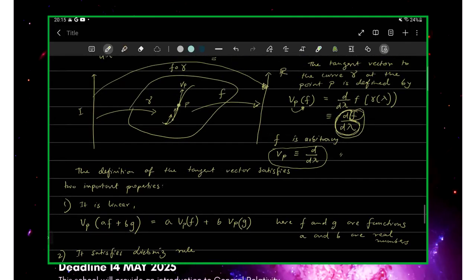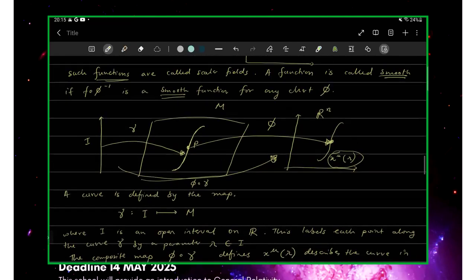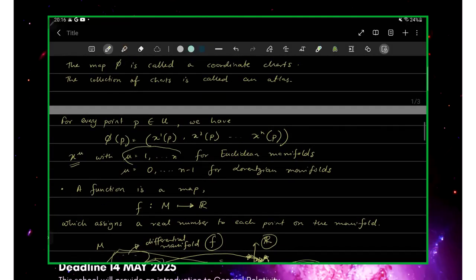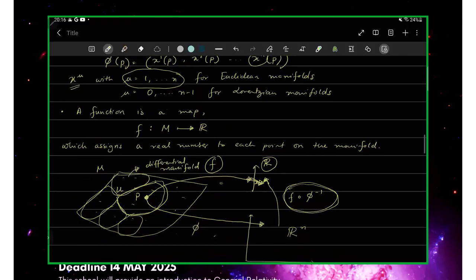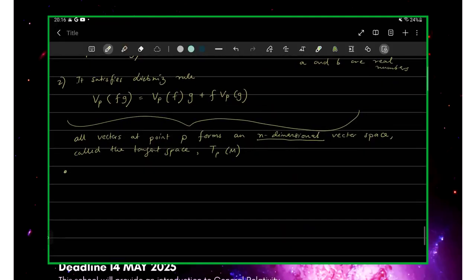N is essentially the dimension of the manifold. If you remember, that is what we started with over here. So what I'm trying to say is that if I have an n-dimensional manifold, then the tangent space made at point P, or any particular point, should also be n-dimensional.